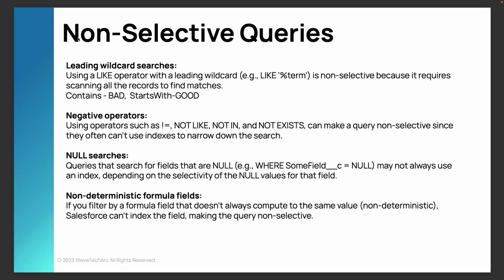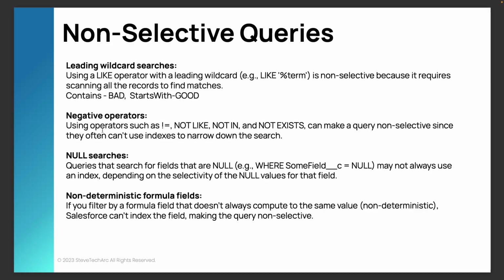You can use the wildcard, but not with the percent sign in the front. That is the equivalent of using what's called a contains. So contains, bad, not selective. Starts with is good. Putting a wildcard at the beginning is bad, and a wildcard at the end could still be selective.